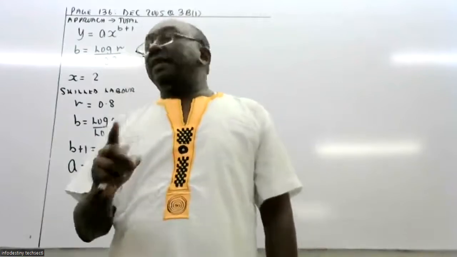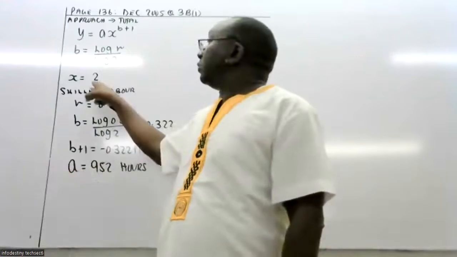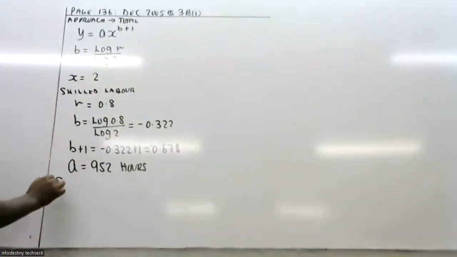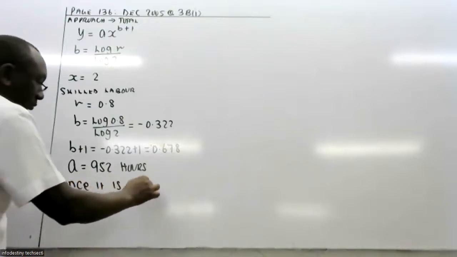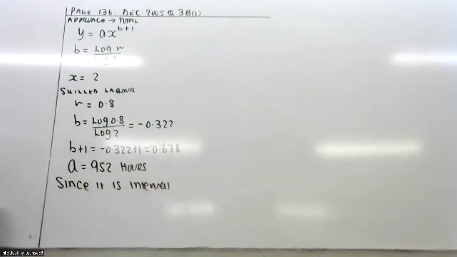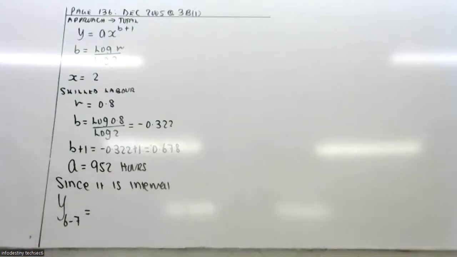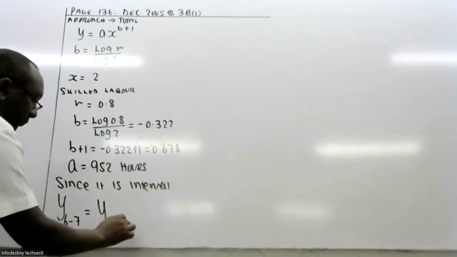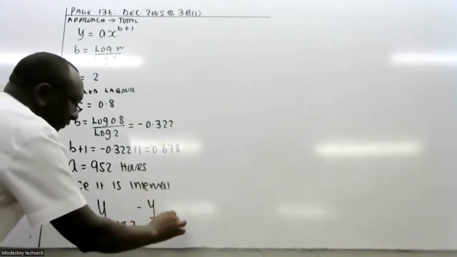So that means this is an interval case. It's not a specific, because the first one is not part of your X. To reinforce that, you say, since it is interval, y for 6 to 7 will be y for the first 7 minus y for the first 5.